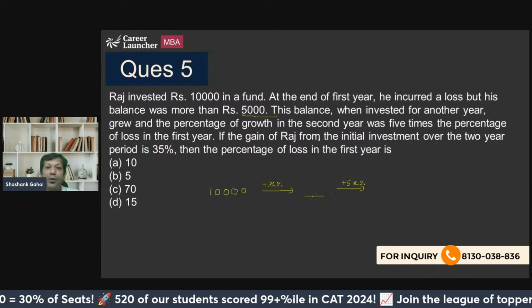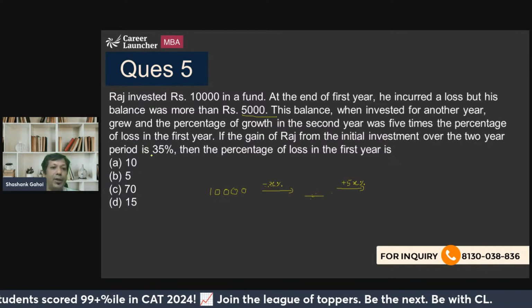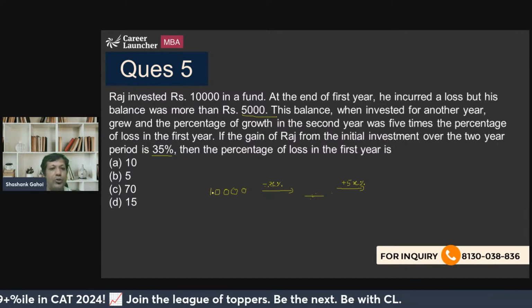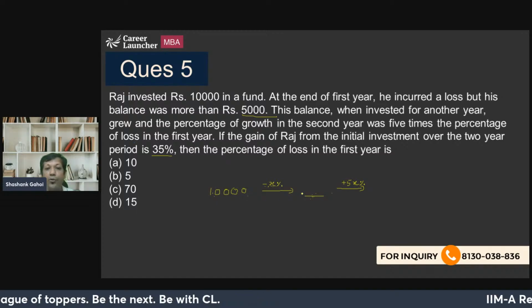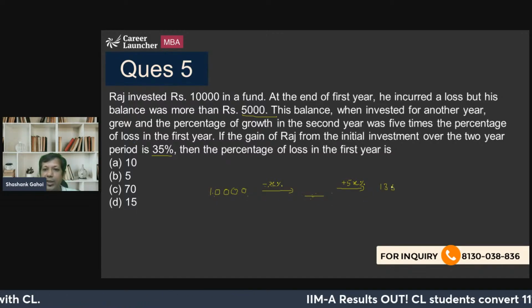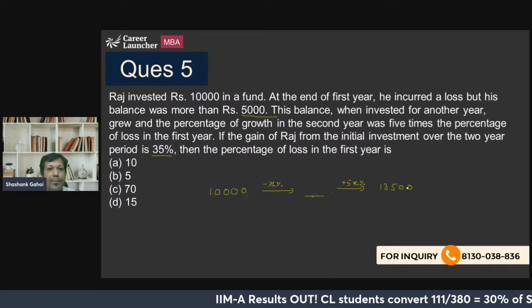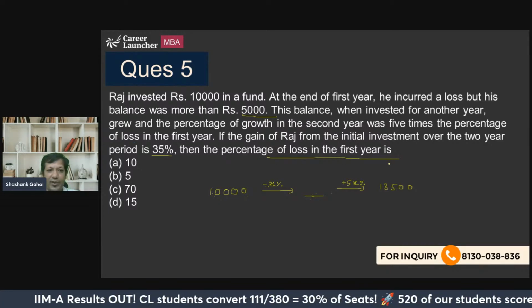Okay. If the gain of Raj from initial investment over the 2 years period is 35%. Okay. So this is 10,000 and overall increase is 35%. So this amount becomes 13,500. Okay. Now the percentage of loss for Raj in the very first year.